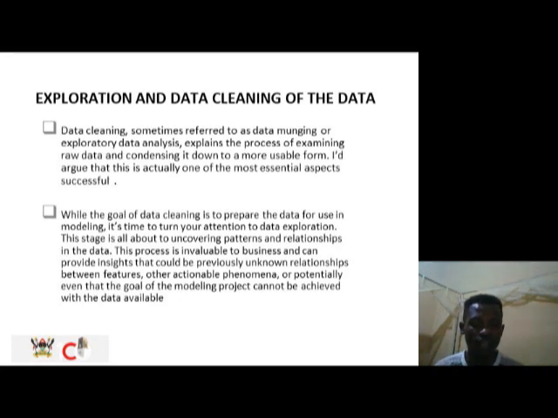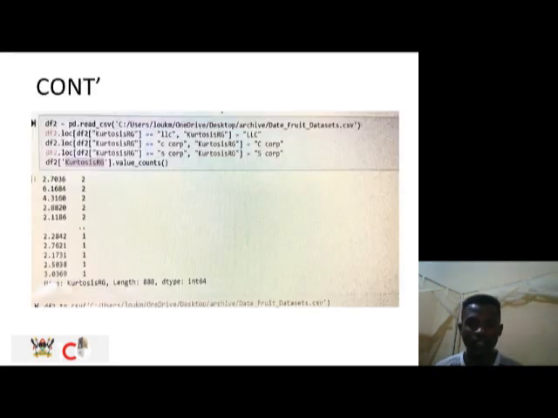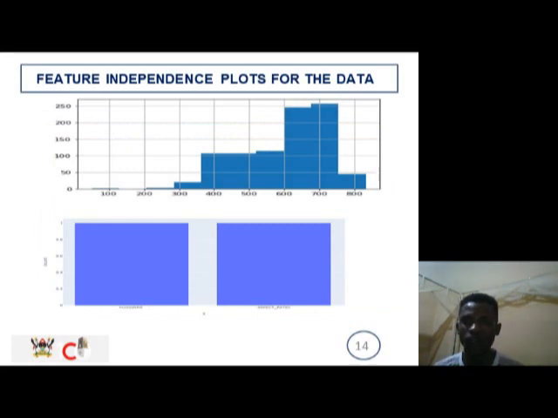As we are proceeding, this is the continuation of how we did it. That's the code we did to come up with our exploration and fitting the model. Then later on, you're going to see the feature importance plot of the data.